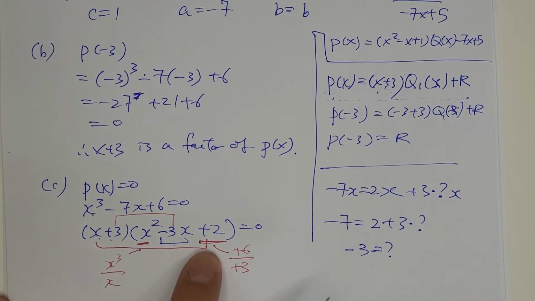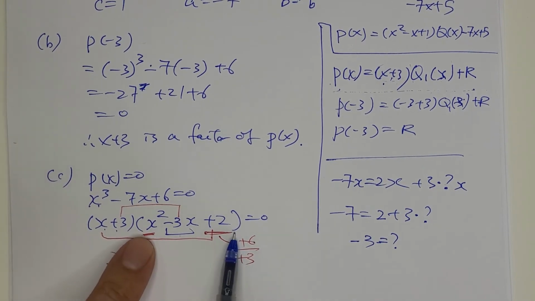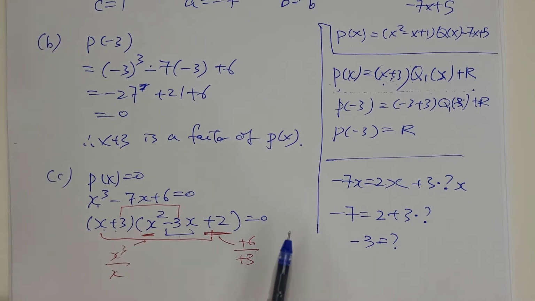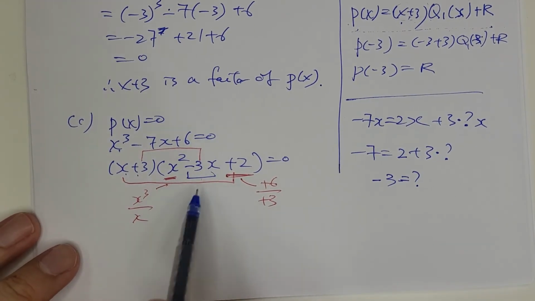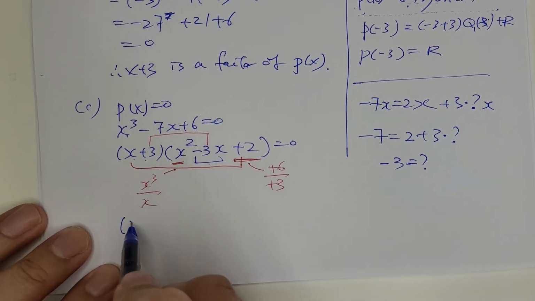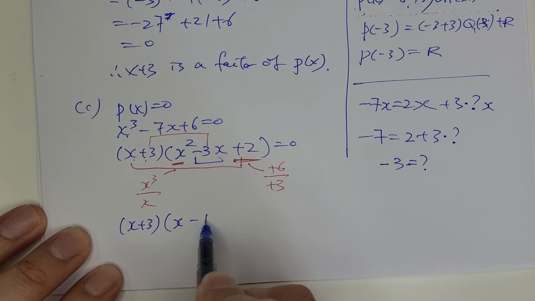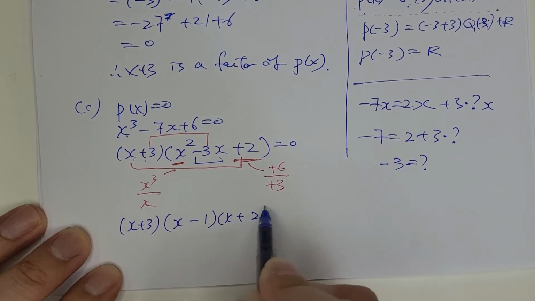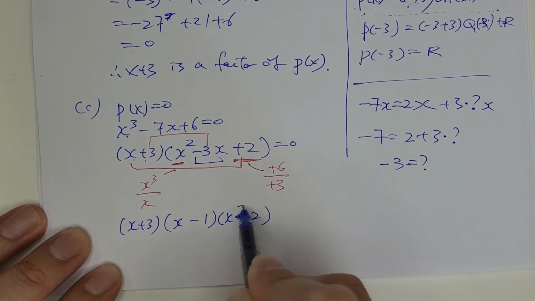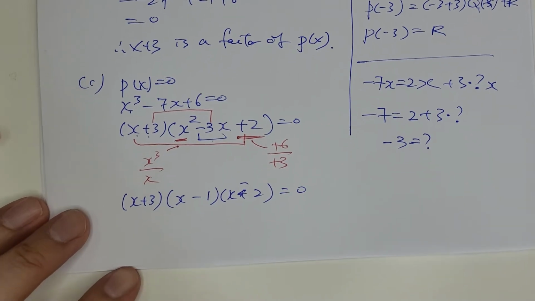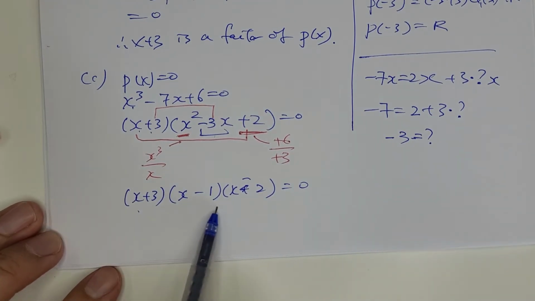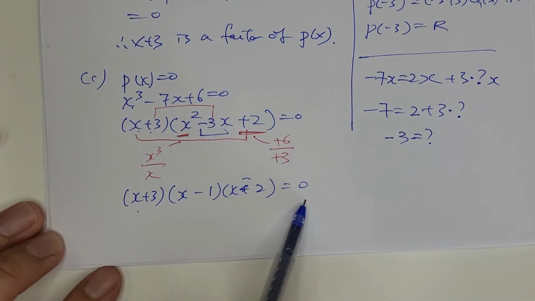After you write this, you can see that there is another quadratic expression here. Use the cross method to factorize it again, if possible. (x plus 3)(x minus 1)(x minus 2). You will find that the product of these 3 terms is 0.